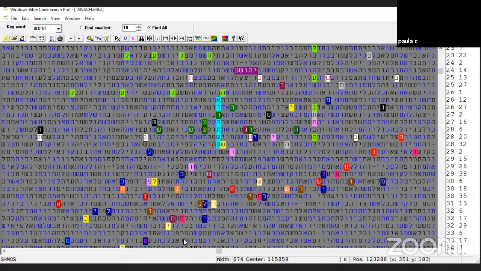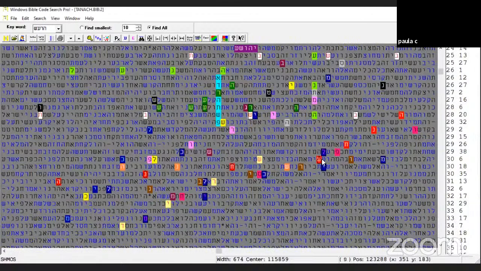Let me go up a little bit here. Pei, Samek, Het is Pesach. The Wa means and Pesach. It's just an article to help you find it a little better. So it all seemed very simple and found one time each.